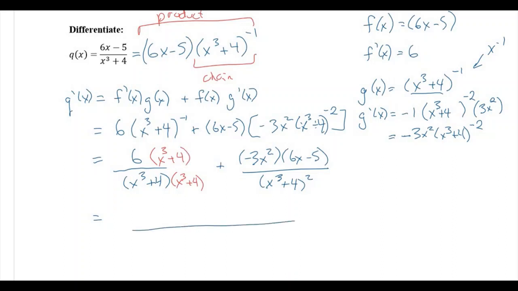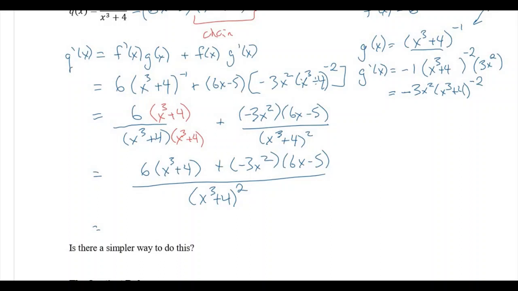Now in the next line, the bottom is x cubed plus 4 squared. We combine those two fractions, and that's 6 times x cubed plus 4, plus negative 3x squared times 6x minus 5.